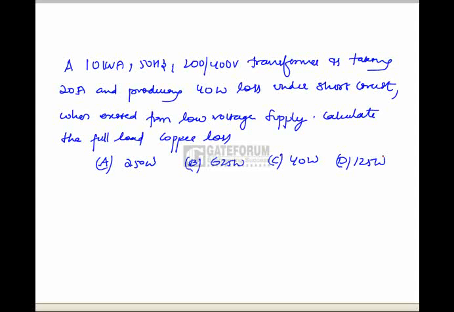A 10 kVA 50 Hz 200 by 400 volts transformer is taking 20 amperes and producing 40 watts loss under short circuit. He has given the copper losses under short circuit as 40 watts. In a short circuit test we find only copper losses; core losses are almost negligible. The current is 20 amperes when excited from the low voltage supply.